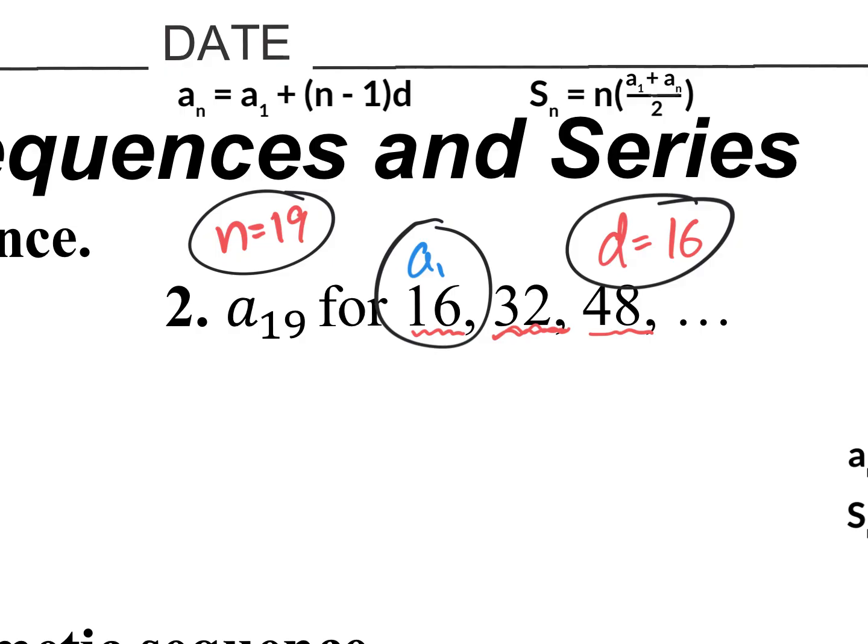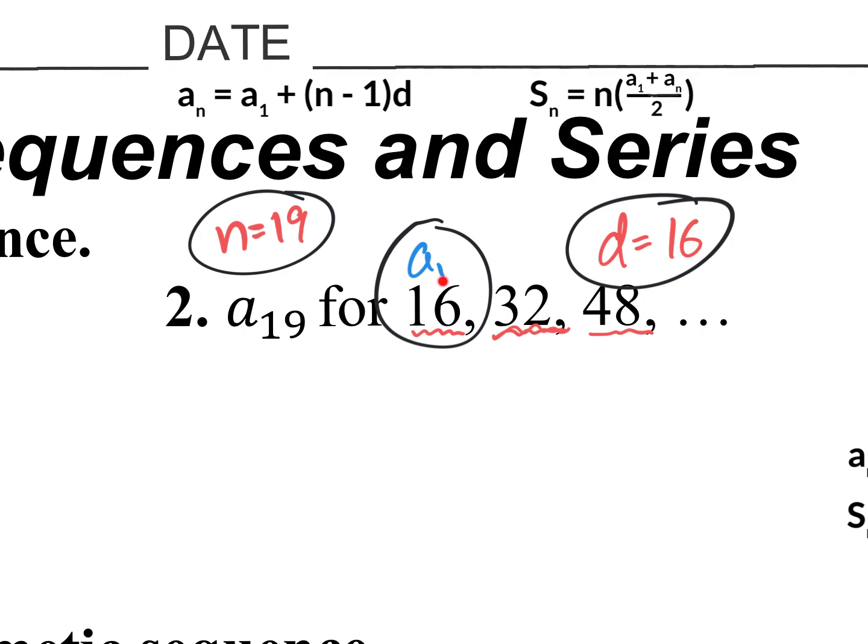Okay. So now we got to go back and realize which one are we using, the a sub nth rule, this formula, or the summation for an arithmetic series, which would be this guy, right? It all depends where you could plug in all three of these values. So could we plug in a 19 into this first one? Yeah, because there's an n right there. We could also plug in a 19 right here to this n.